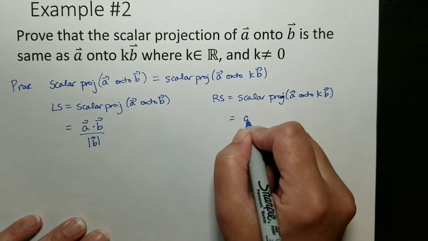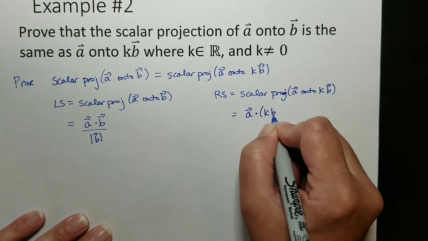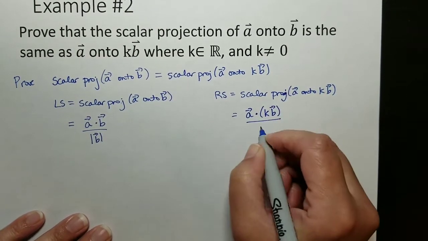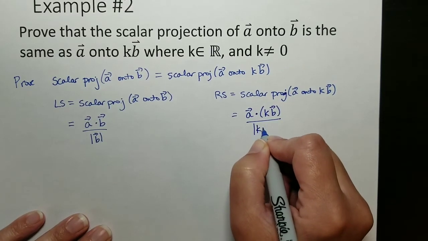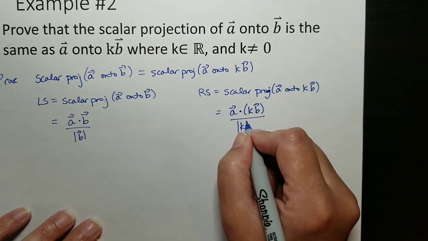So this is going to be A dot KB divided by the magnitude of KB.